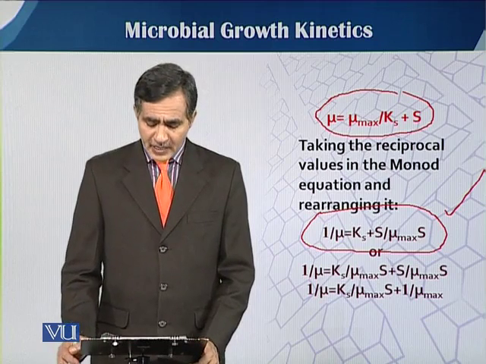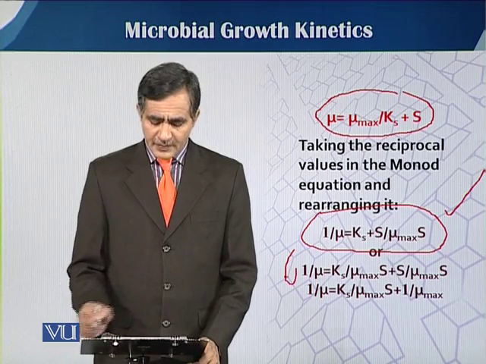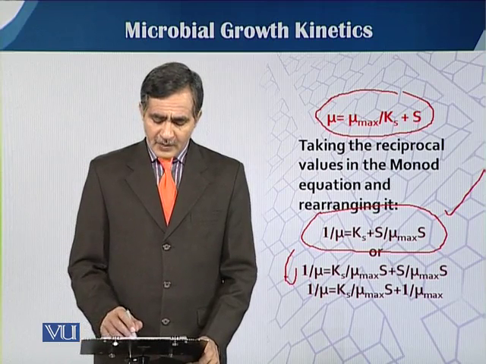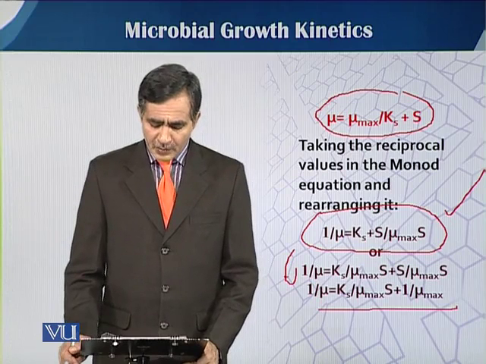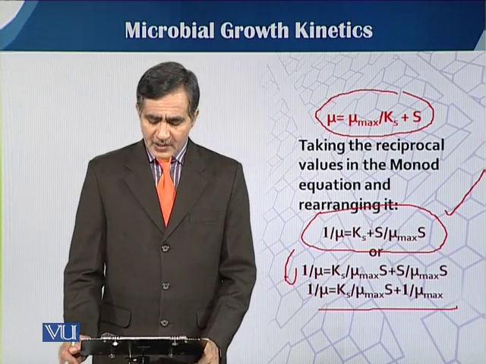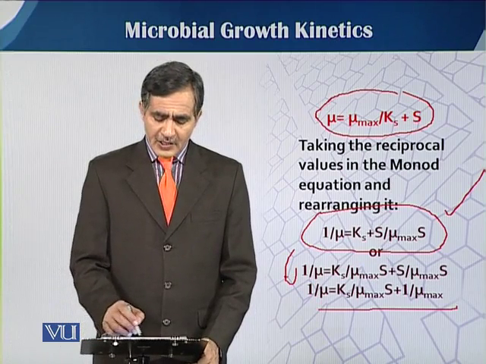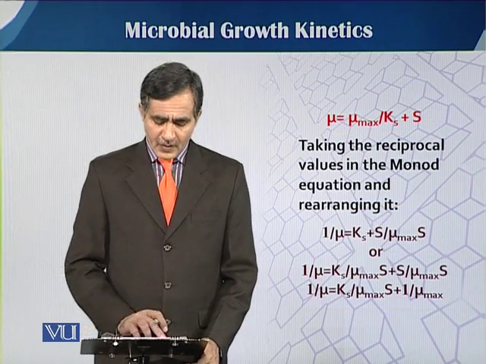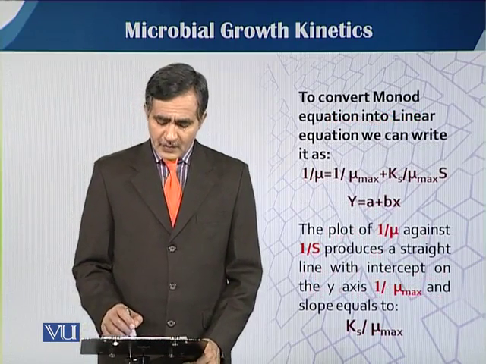By the LCM method, we transform this equation, and the final shape is 1 over mu is equal to Ks over mu max times 1 over S, plus 1 over mu max. Let us rearrange this equation.